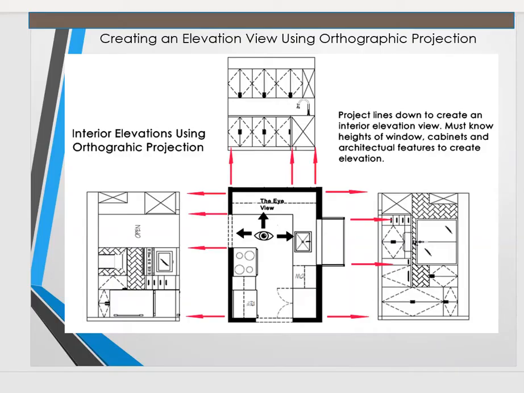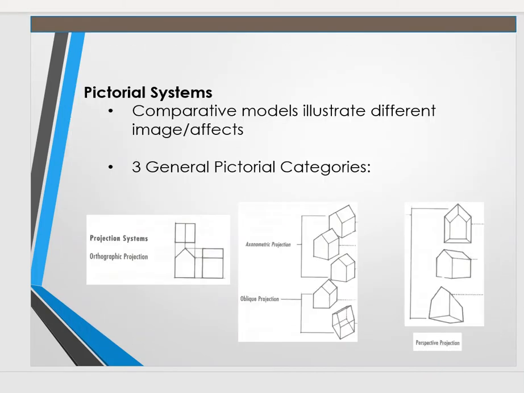So next, we're going to take a look at the idea of this pictorial image. We just talked about orthographic projection when it comes to multi-view drawings, which is a plan view, elevations, sections.